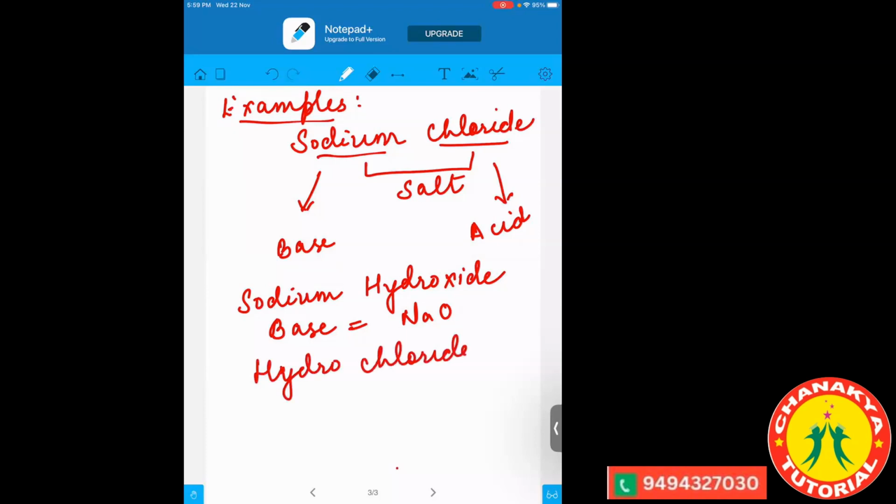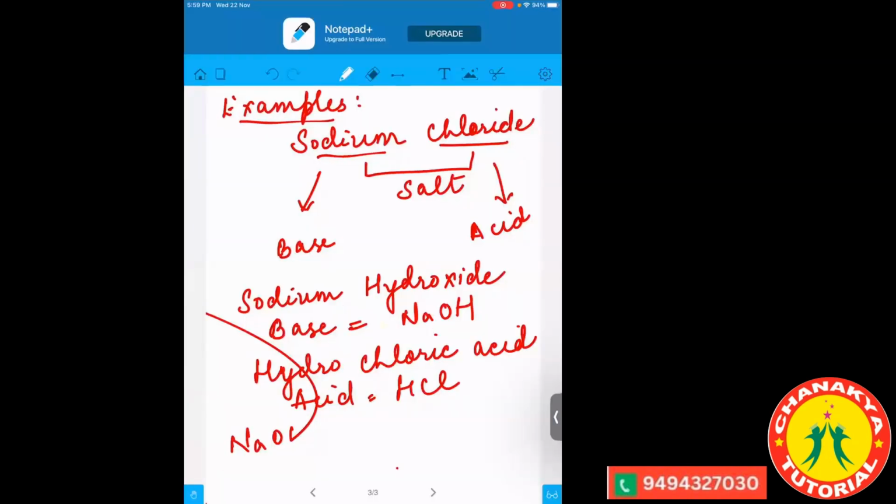So when sodium hydroxide and hydrochloric acid react with each other, they form the salt called sodium chloride. So the reaction will be NaOH plus HCl gives sodium chloride, NaCl. So this Na will join with the Cl and the water will be released.